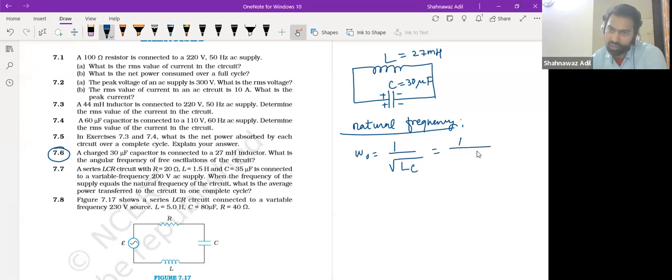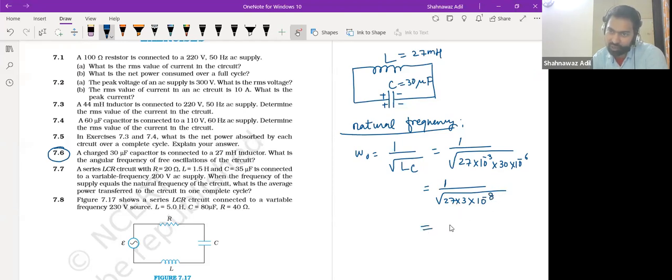So L is 27 millihenry, right? Milli is 10 to the power minus 3, and the capacitance is 30 into 10 to the power minus 6. So we have 27 into 3 into 10 to the power minus 8.